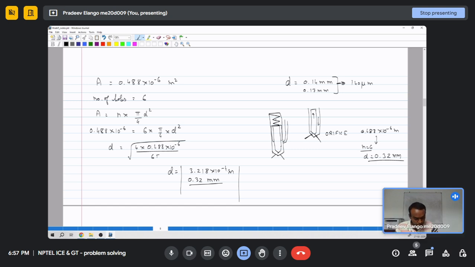Initially the spring will be pushing the needle downwards, and this region will be closed when the spring action is there.